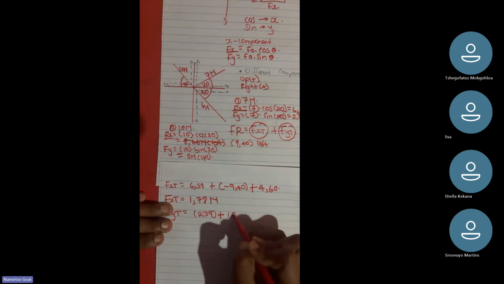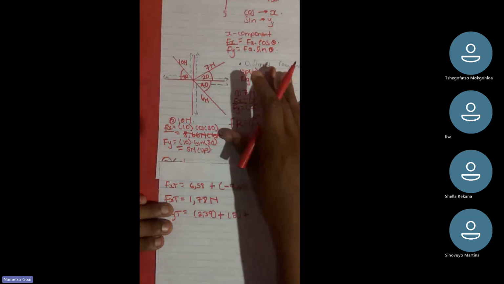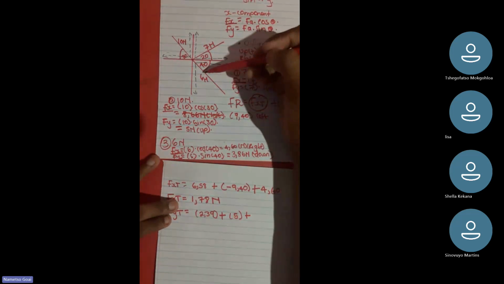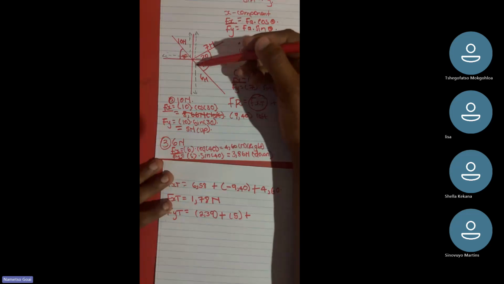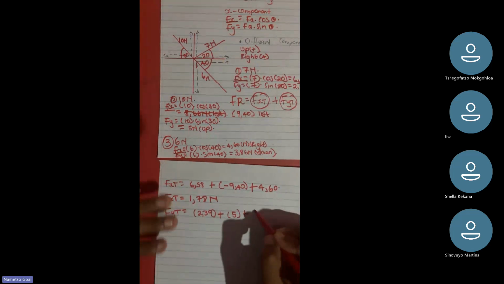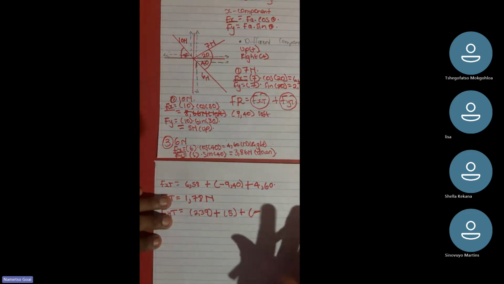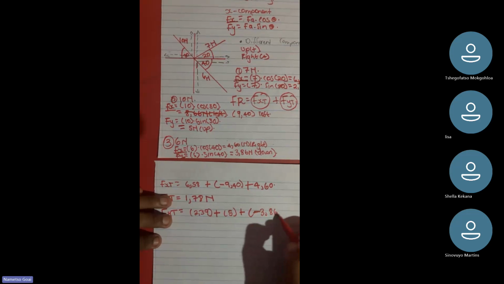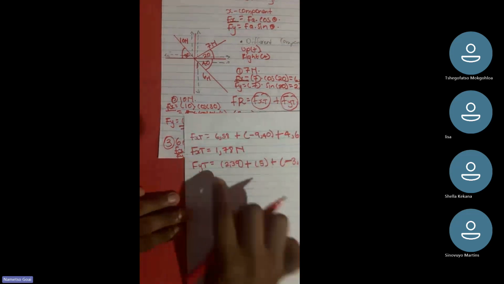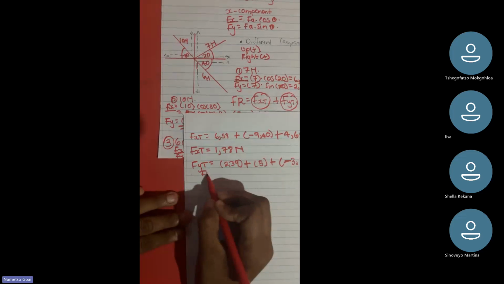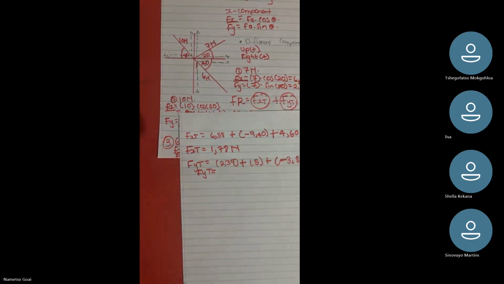So it's plus 5. Now let's look at the last force. When we go to the 6 Newton, we can tell that the y component is going downward. So because we chose up as positive, it's going to be minus 3,86, right? Can somebody punch this into the calculator and tell me what our Fy total will be?